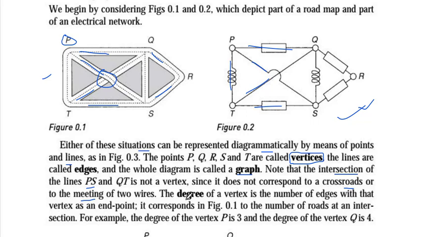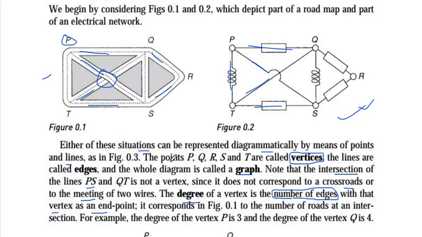Now the next definition: the degree of a vertex is the number of edges with that vertex as an endpoint. What this says is that we have to count the number of edges with that vertex as an endpoint.